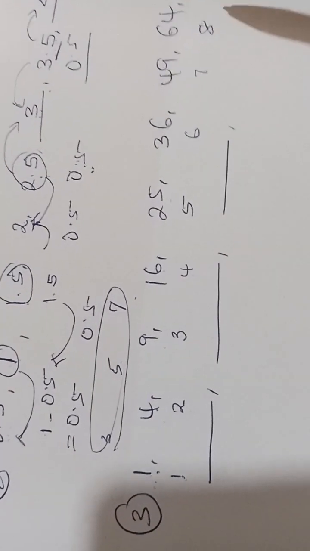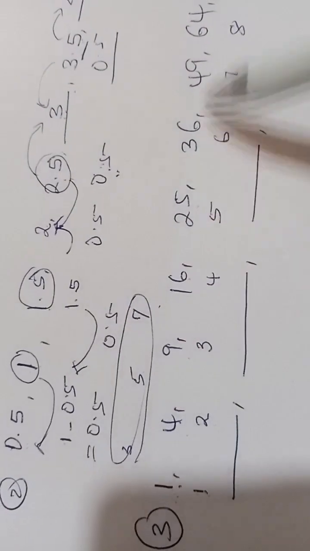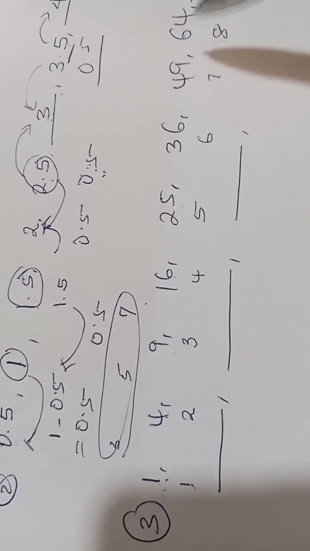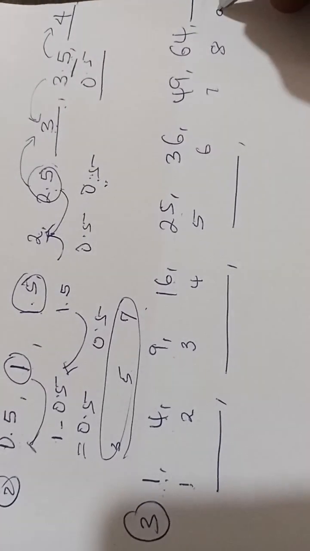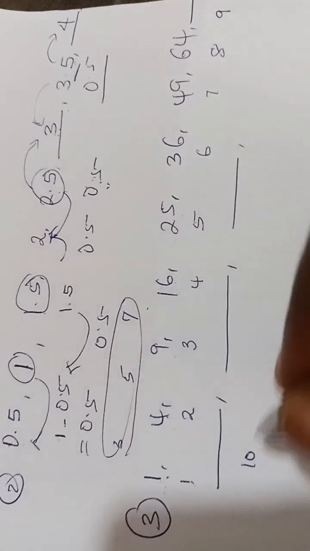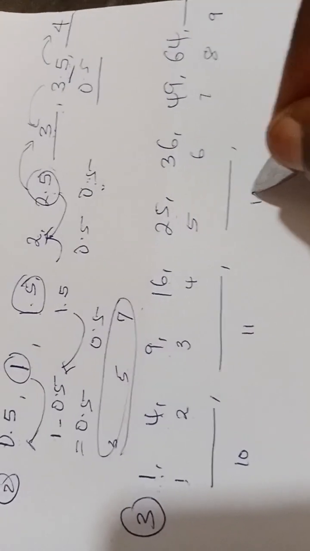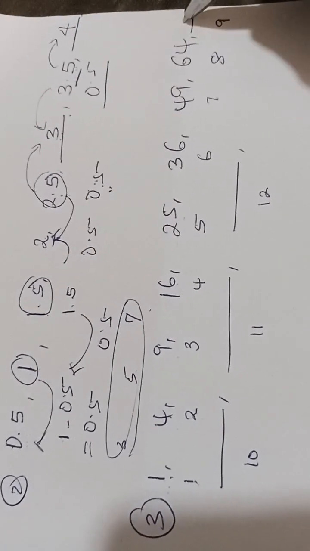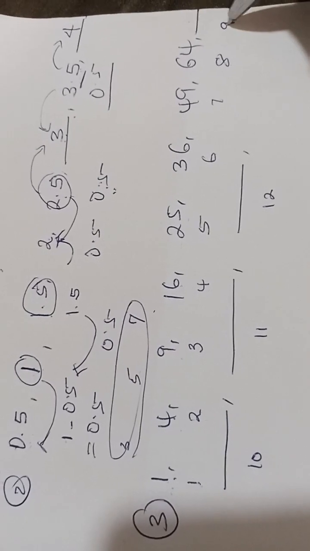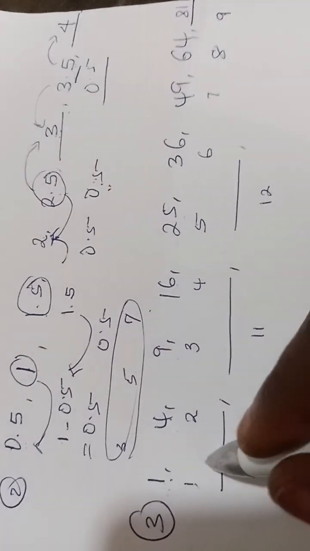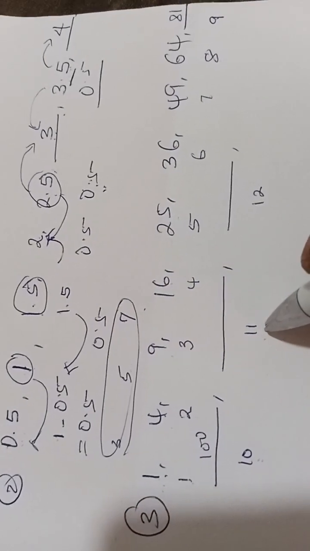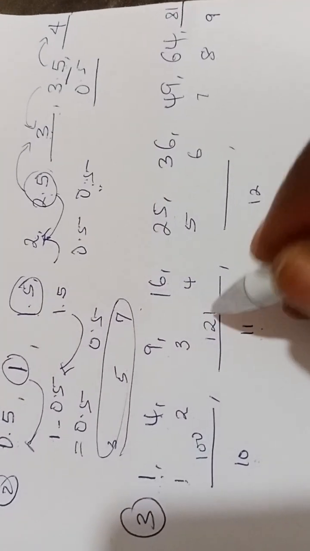Since these consecutive numbers give us the numbers in the sequence, let us continue and see what we have. After 8, we're supposed to have 9 here, then 10, 11, and 12. So to get this first one, 9 times 9 will give us what? 81. 10 times 10 will give us 100. 11 times 11 will give us 121.